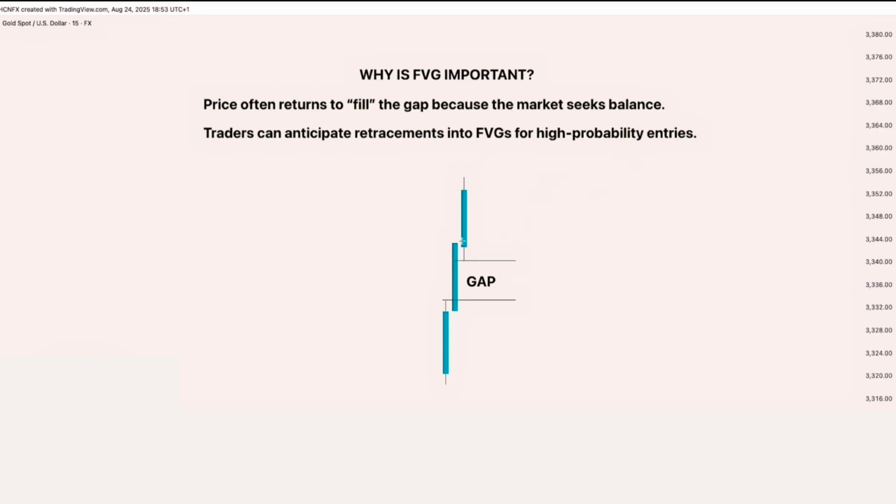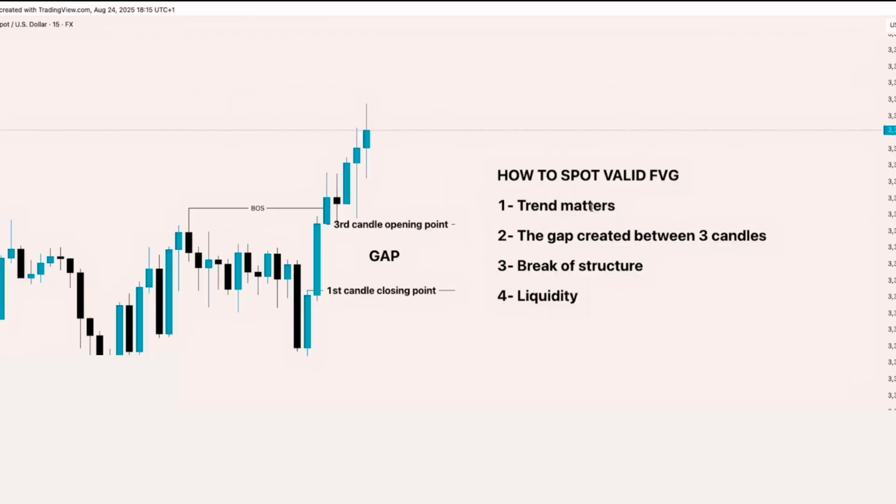So I will show you guys on the next slide how to spot this imbalance. Because when you are looking at the chart, you may be able to see a lot of them, but I'm going to show you the one you should focus on, and then how to strategically set your entries using fair value gap. On how to spot valid fair value gaps, I also have some tips listed here.